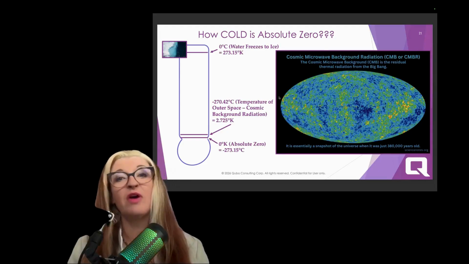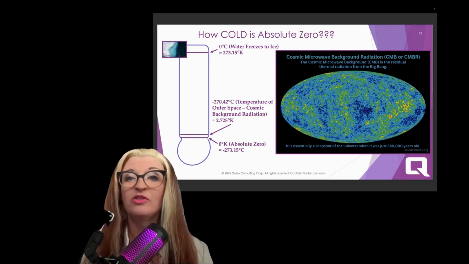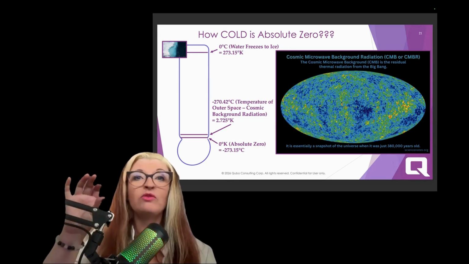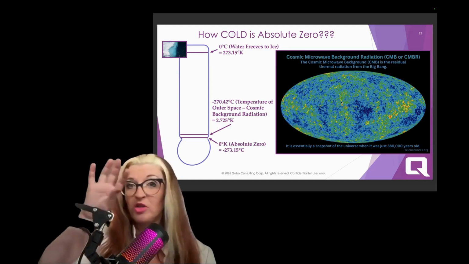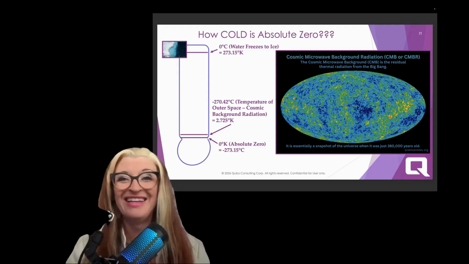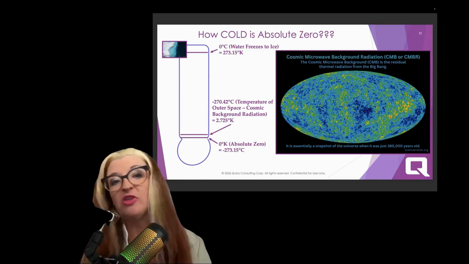And then we have the background of outer space, the temperature of outer space, or what's called cosmic background radiation. What this picture is showing is a heat map of the universe. If you take a slice of the universe and look at it, the dark parts aren't stars. And it's not uniform. It's actually got this pixelated nature to it.